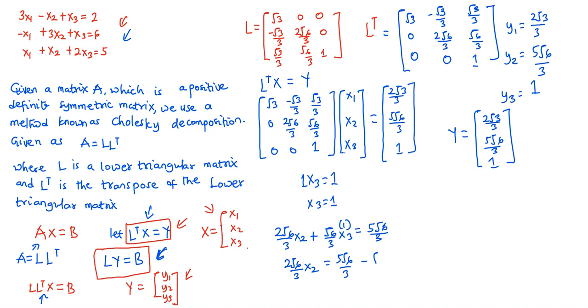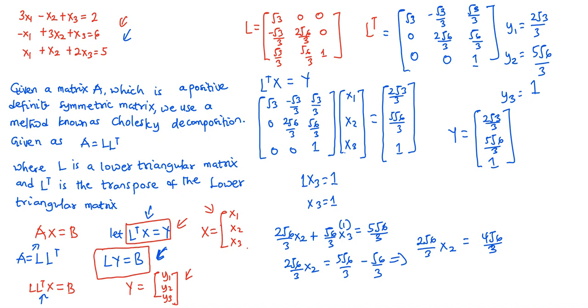We know x3 is 1, so 2 root 6 on 3 multiplying x2 equals 5 root 6 on 3 minus root 6 on 3. That gives us 4 root 6 on 3. So 2 root 6 on 3 multiplying x2 is equal to 4 root 6 on 3.